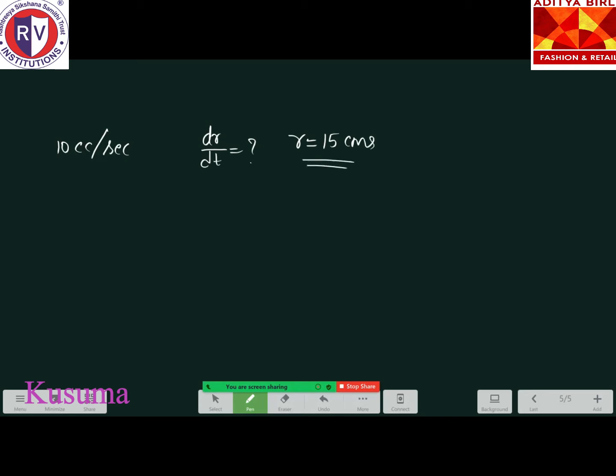Okay, so what are they doing? The volume of the spherical balloon is being increased by 10 cubic centimeters per second, and you have to find out the rate at which the radius is increasing given r is equal to 15 centimeters. Okay, is the question understood? If you understand the question, you know half the answer.